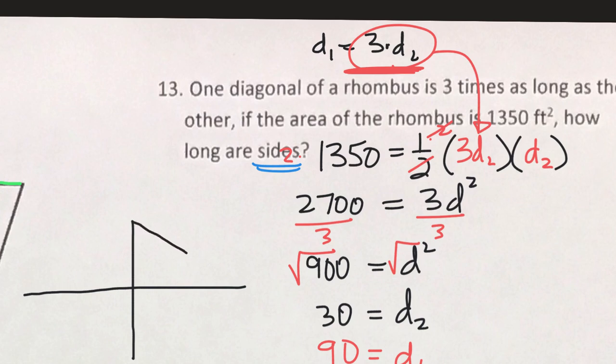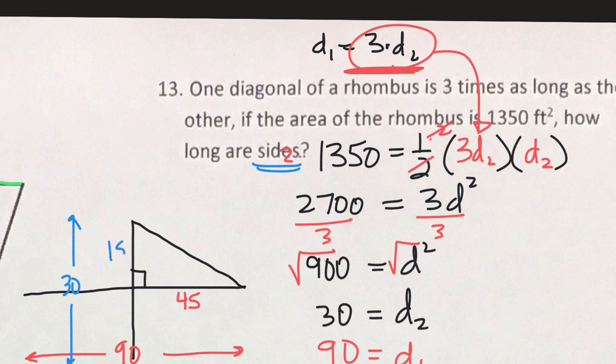So we make our right triangle. If my whole entire diagonal is 90, that means my triangle side is going to be half of that. And if my other whole entire diagonal is 30, then my triangle side is going to be half of that.